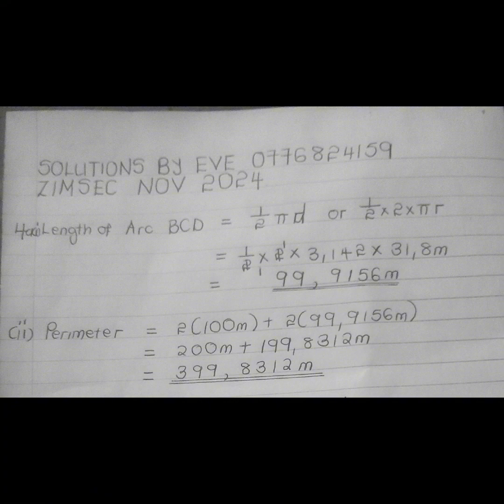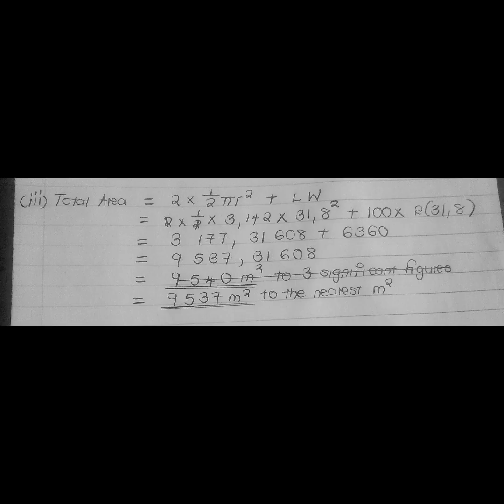And then next we want to find the total area of the athletics field to the nearest square meter. So we are going to say our area is area of 2 semicircles plus area of rectangle. So area of 2 semicircles is 2 times half pi r squared, plus length times width, isn't it? We substitute correctly.